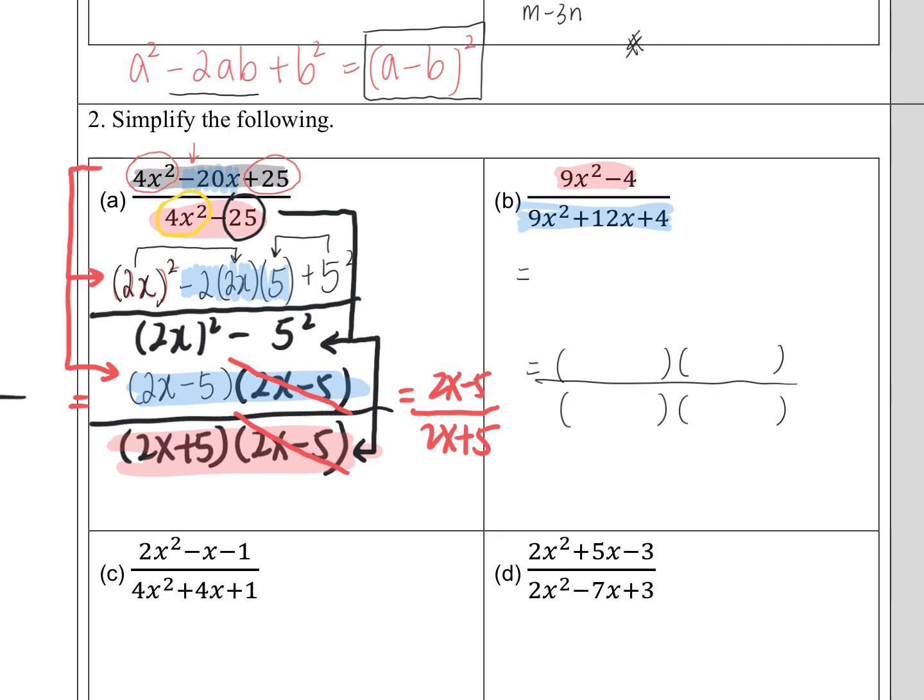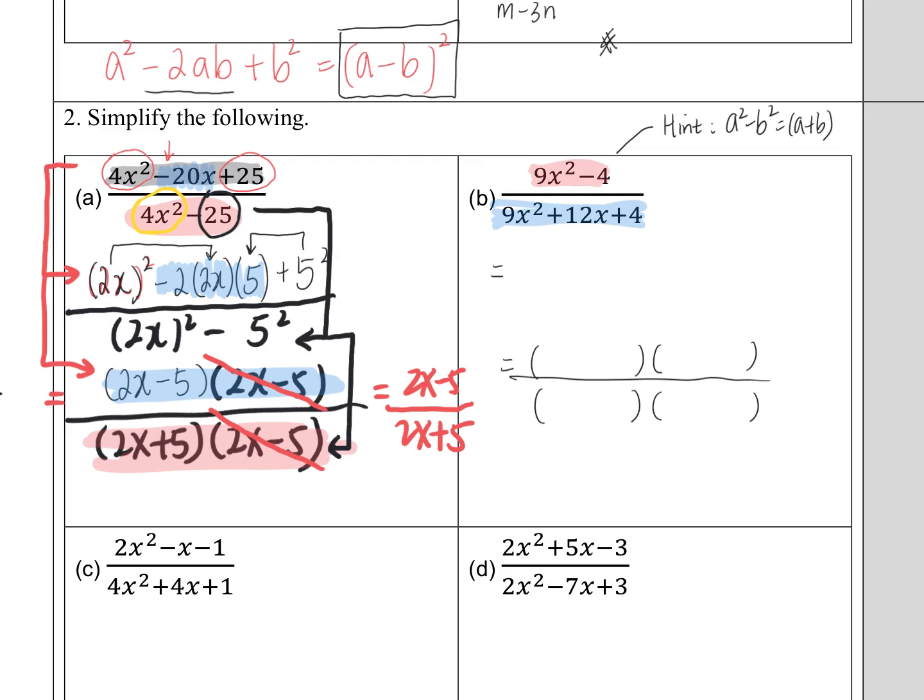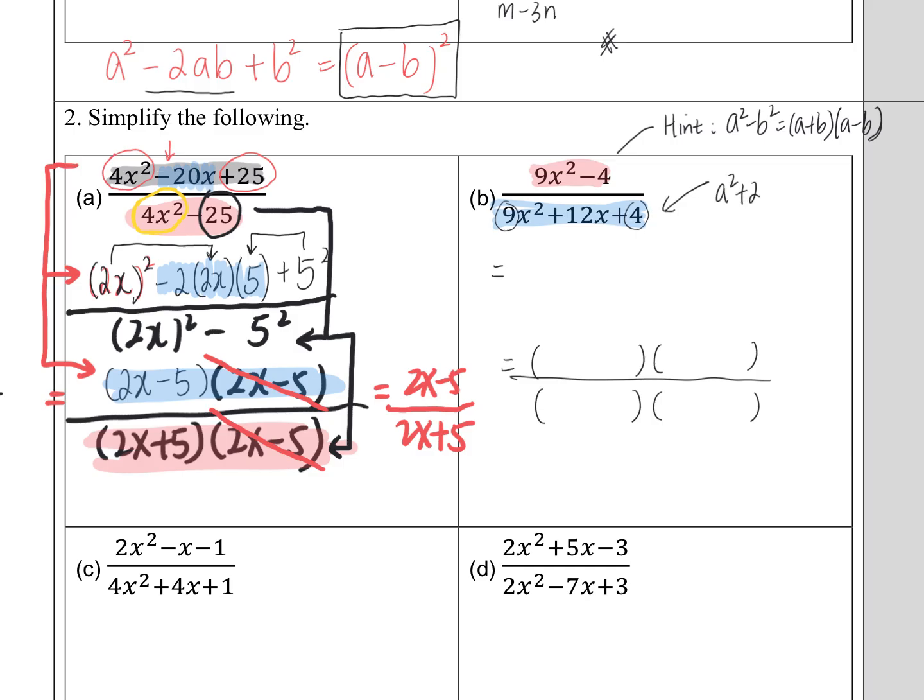Okay, try. Try to factorize the red one. The hint is to use a plus b, a minus b. And then because this is perfect squares, you know that the hint is this one. Okay, you can use this.